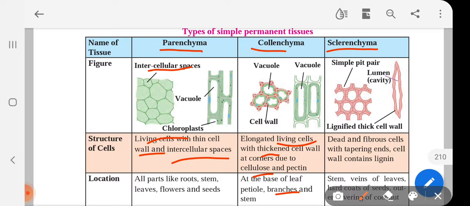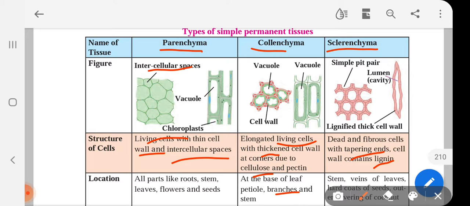And then we see sclerenchyma, the simple pit pair, the lumen cavity, dead and fibrous cells with tapering ends, cell wall contains lignin. They are present over stem, veins of leaves, hard coats of seed, outer covering of coconut.